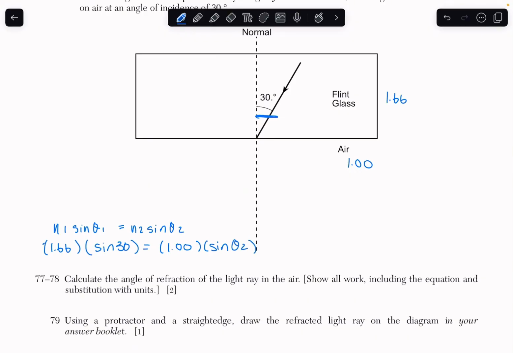And after you finish doing this math, you're going to get sine theta 2 is equal to 0.83. So you're going to have to use the inverse of sine of 0.83 to get the angle, which is 56 degrees.